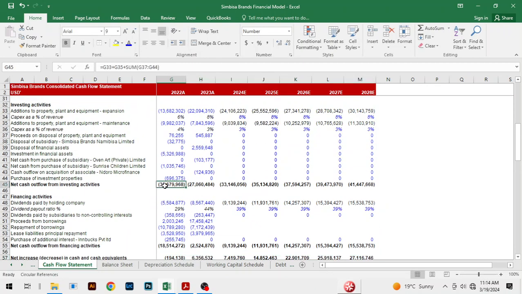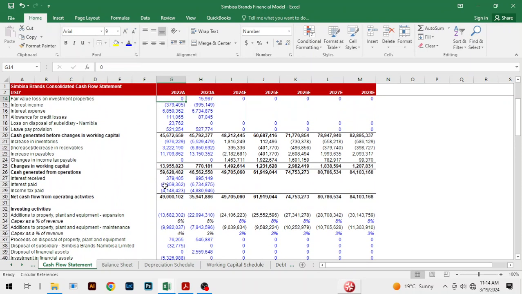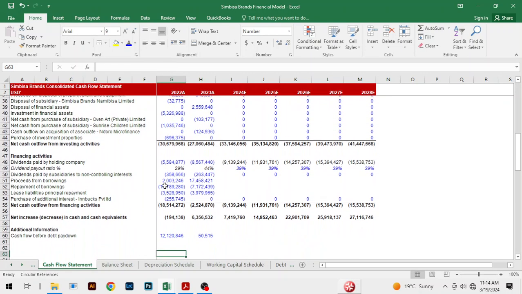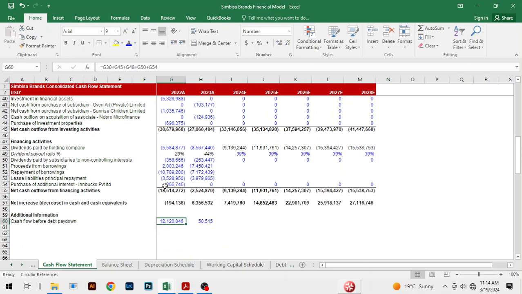and then we add a top line border there, okay, and then we also do the same here, top line border, okay, which is fantastic. Now here we have got cash flow before debt pay down.